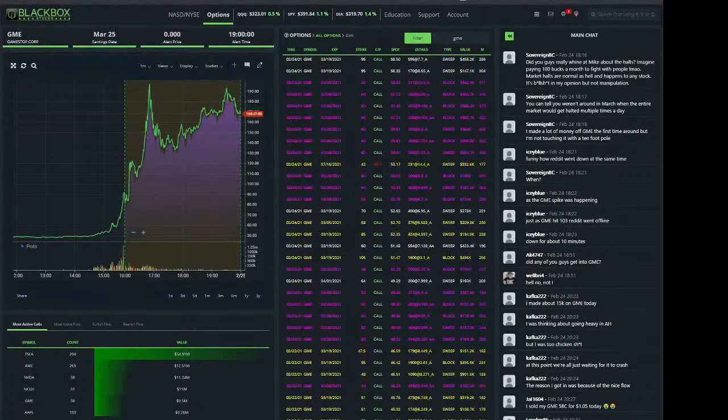All right, so you guys should be able to see the Blackbox screen. Can you guys see that? And is it easy enough to see, or should I try to zoom in?